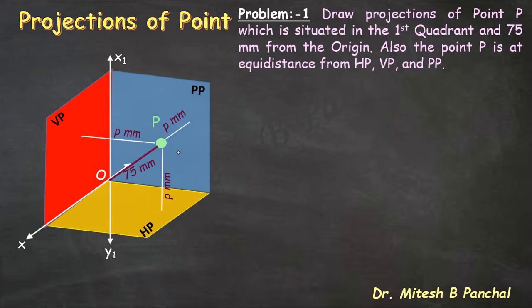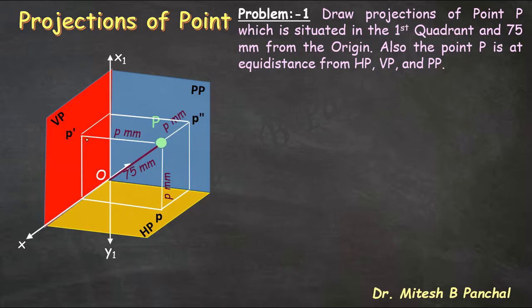And here that equidistance is considered as P mm, for the reference, that is unknown. So if you consider this demonstration, then projections of point P will be considered like this.